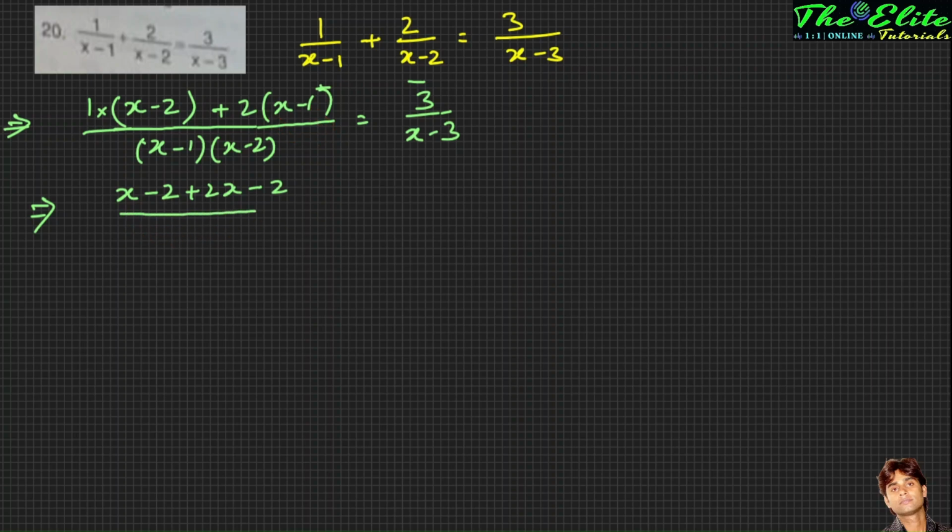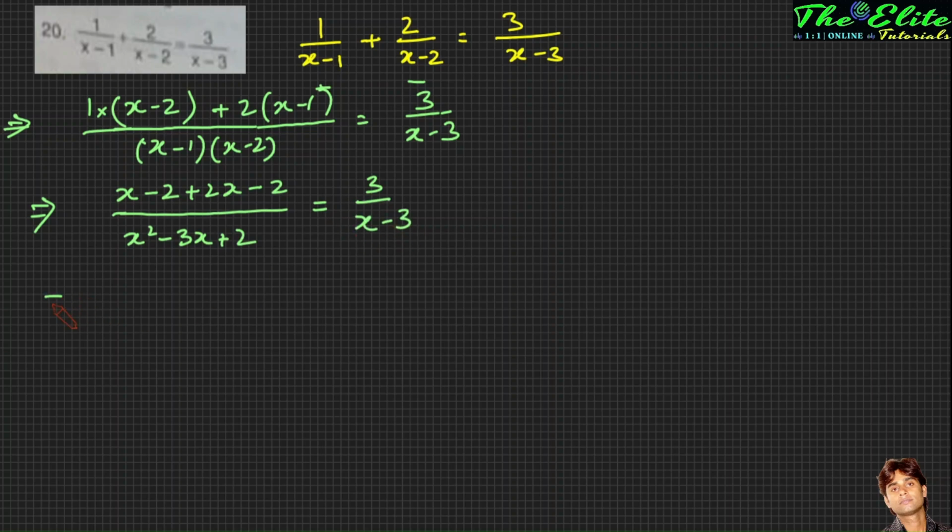And the denominator is going to be the same. You can think of doing it as x square minus 3x plus 2. If you expand that, this will be written as it is.